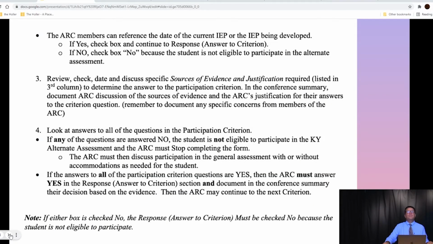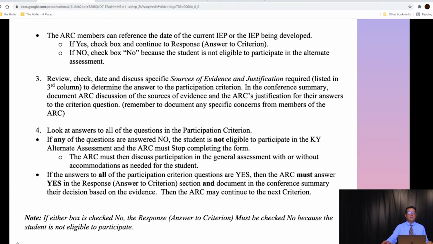One of your key words here is going to be documentation. The ARC members can reference the date of the IEP and when or if the IEP is being developed. We review, check, date and discuss the sources of evidence and justification. Make sure we get all that in the participation guidelines, and then we move on.